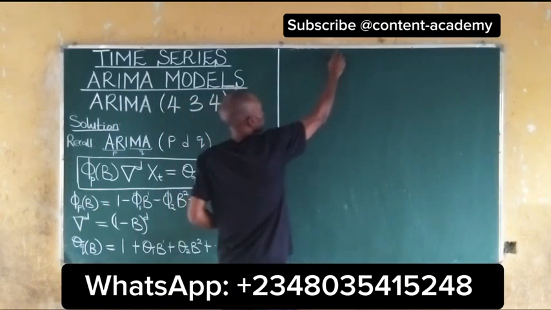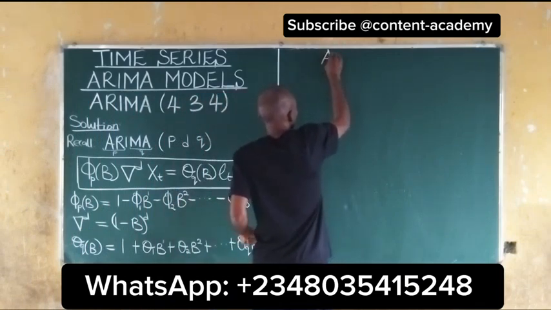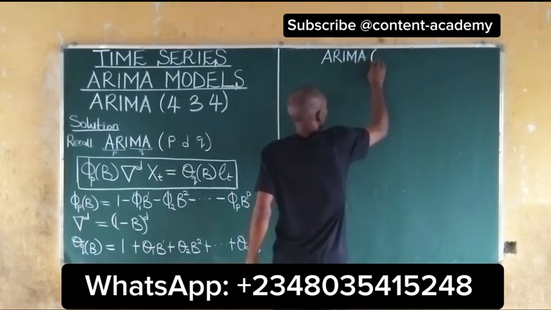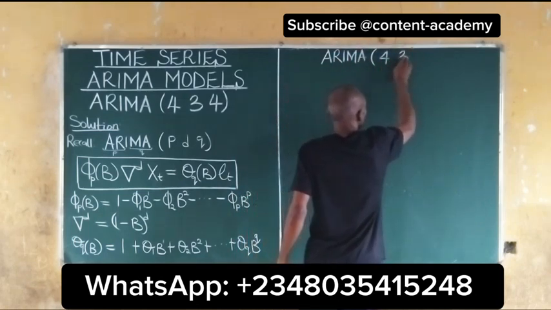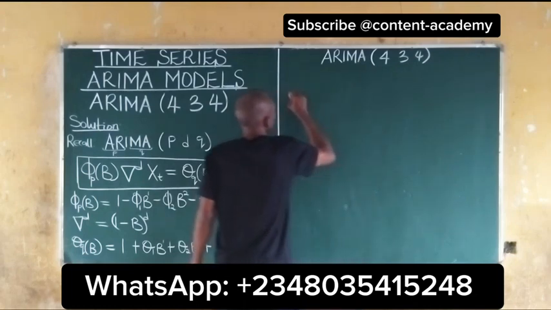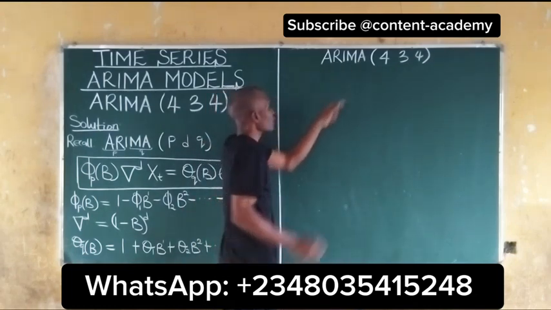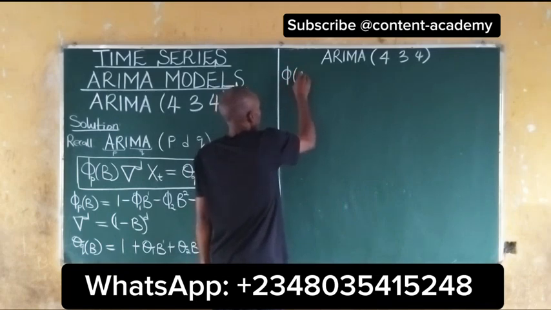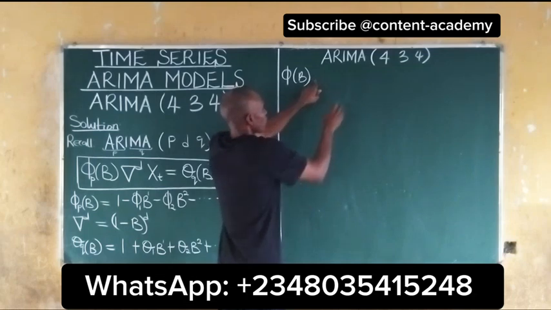Of course, we are given ARIMA(4,3,4). That means the orders are 4, 3, 4. For the AR model, we have phi(B). This is of order 4.